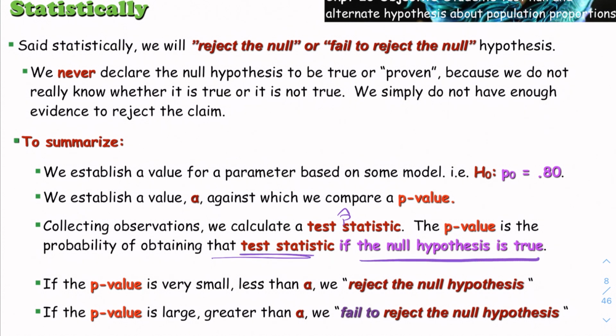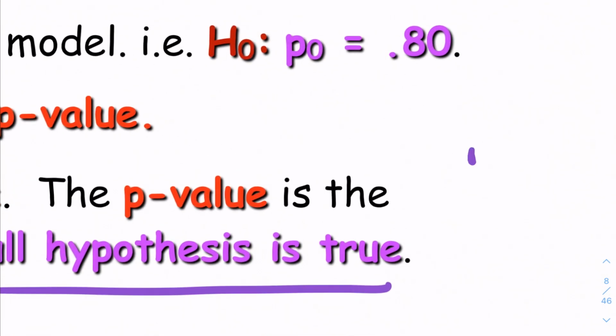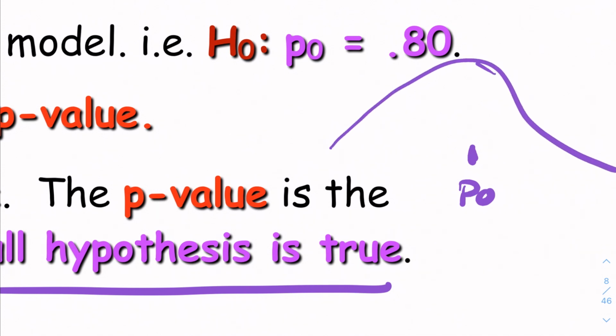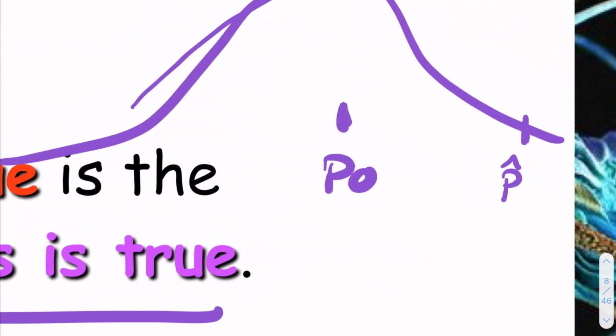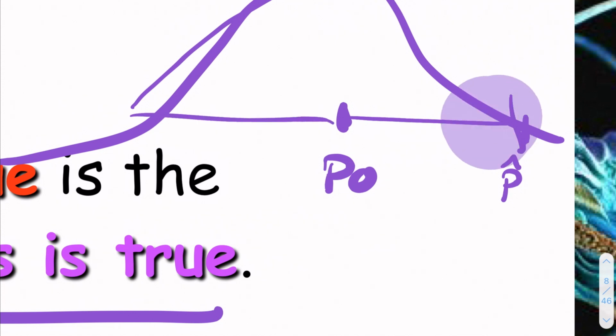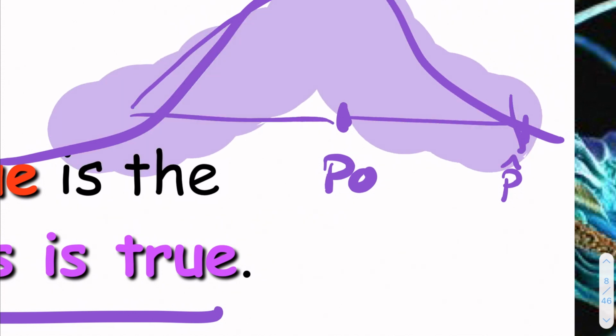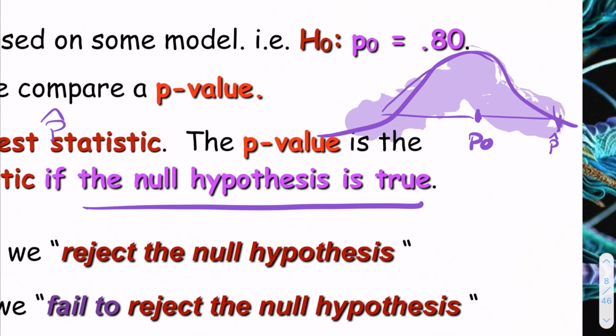So we went out and collected this data. We assumed we were at some sort of initial position. And if all of the conditions that we will go over are met, let's say we got a sample proportion here. What we can do when we say the p-value is calculate the area under the curve, or how likely it is to be that far away from our assumed position.